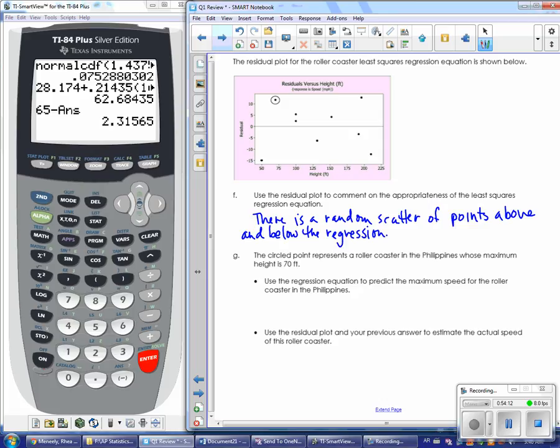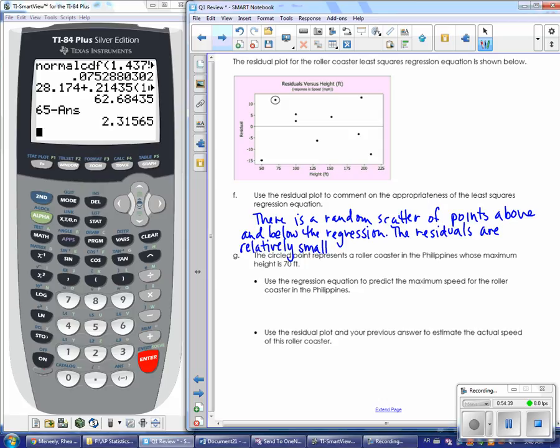And I think we can also see that the predictions are all within, it looks like about 15 miles per hour. So all of my residuals are relatively small. Now, you could say that they are relatively large, and so therefore the model is not a good fit.